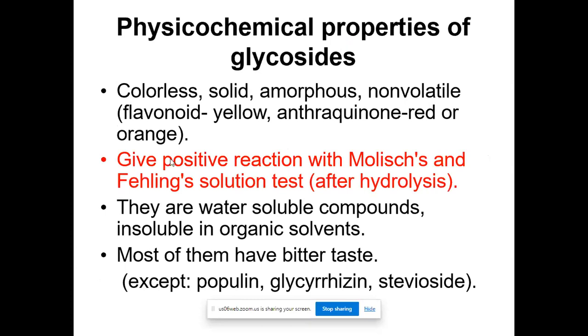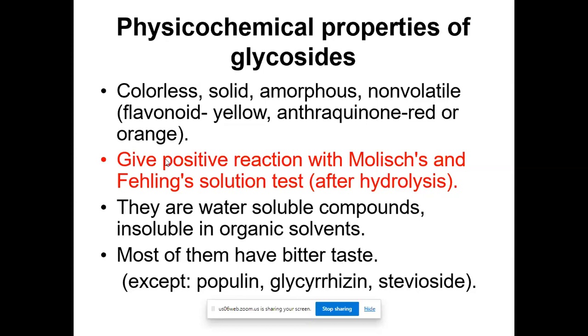So we have the physiochemical properties of glycosides. They are, of course, colorless, solid, amorphous, non-volatile. They give a positive reaction to the Molisch and the Fehling test. If you do not remember this, you can go back to your notes. They are water soluble, as we've said. The glycon and the aglycon part, where some are soluble in water and some are soluble in organic solvents.